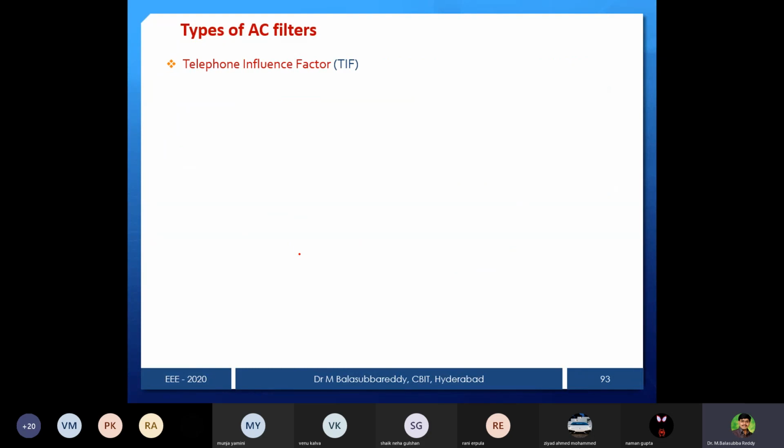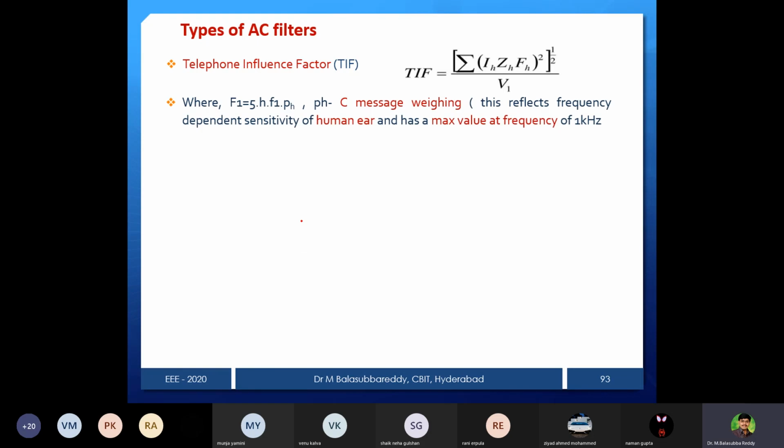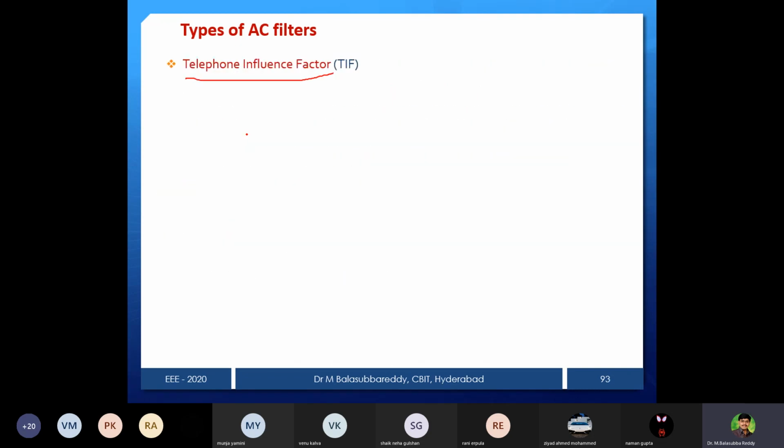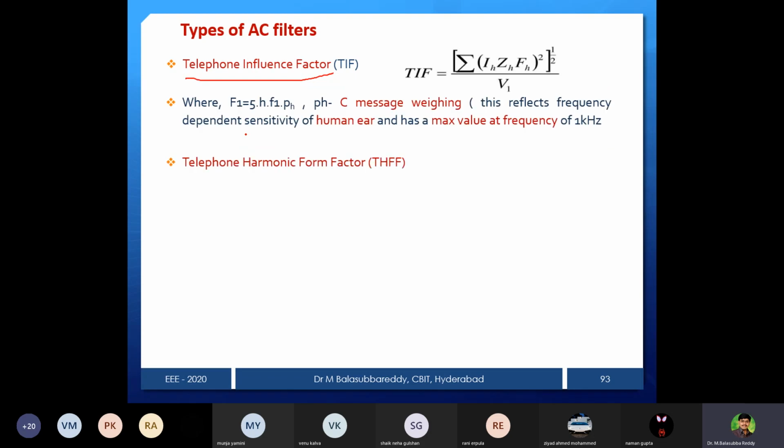Another factor is the telephone influence factor. These are all empirical relations. There is no proof for this. They used different conventions, and they changed some of the parameters, and finally they decided these are the factors. One is the previous one, the harmonic distortion, another one is the telephone influence factor, and the third one is the harmonic form factor, that is the telephone harmonic form factor.